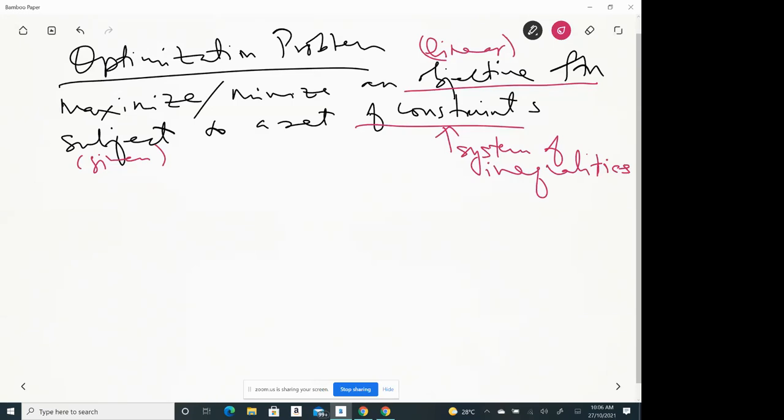So you want to find the maximum point or minimum point. That depends on our problem, whether you want to maximize or minimize. And of course, we will do that subject to a set of constraints. Therefore, it's not just purely maximization or minimization.